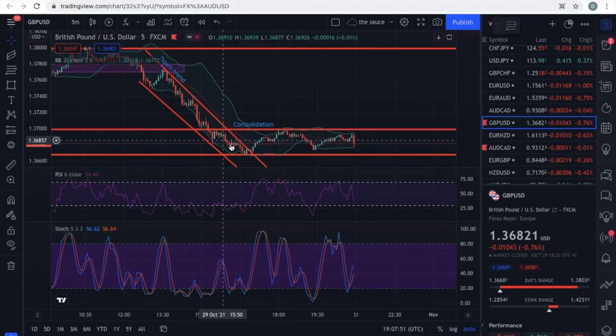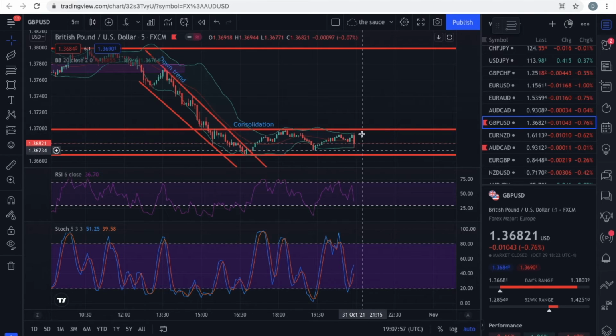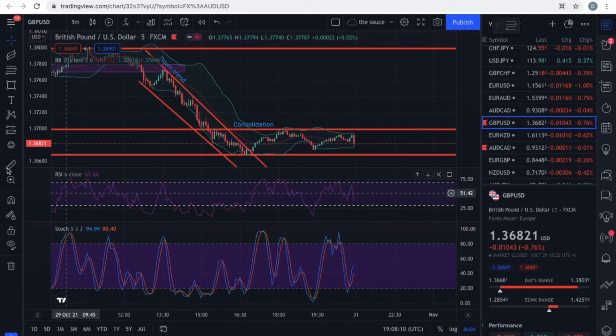Because as you can see, it's consolidating here, up, come back down to that area again. So we're still in the consolidation period right now. It could break, but what I'm looking for is if it comes up here, it breaks, gives me that retest, I know it's going all the way up. You understand?